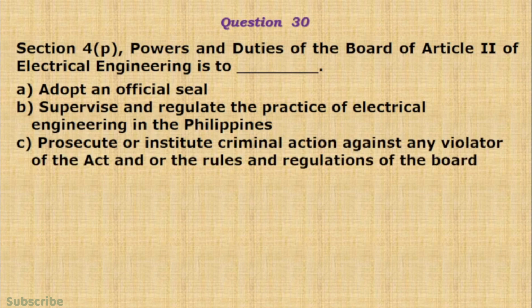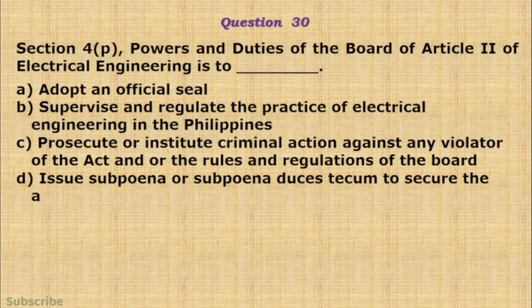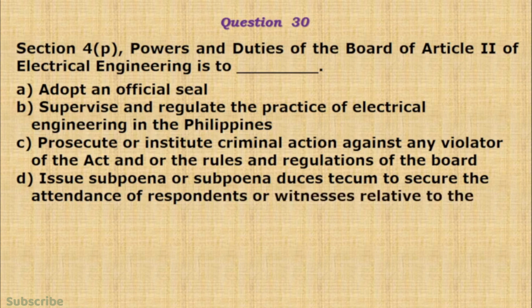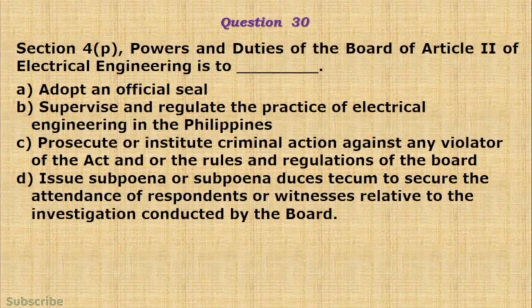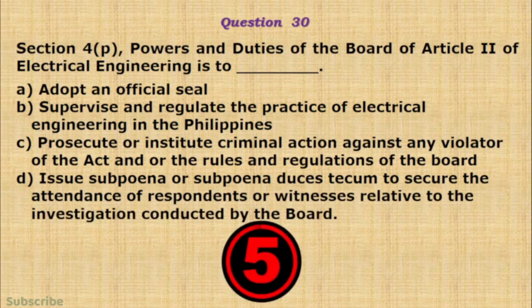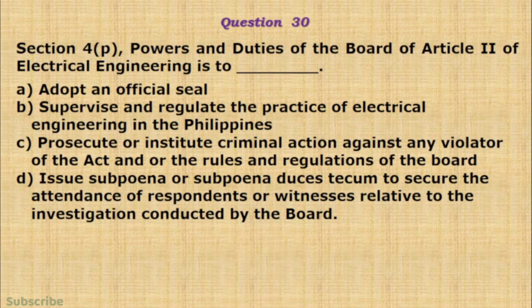D. Issue subpoena or subpoena duces tecum to secure the attendance of respondents or witnesses relative to the investigation conducted by the board. The correct answer is letter C, prosecute or institute criminal action against any violator of the Act and or the rules and regulations of the board.